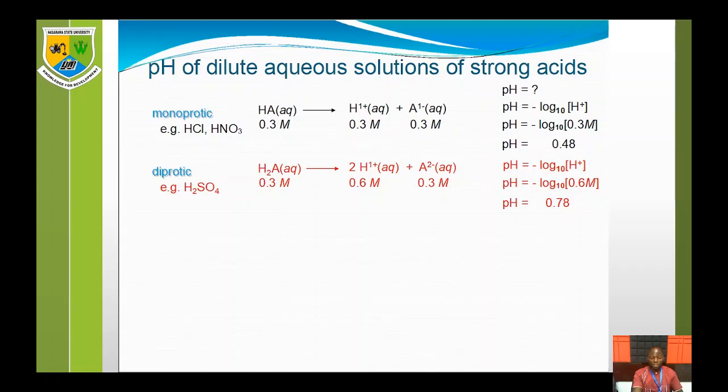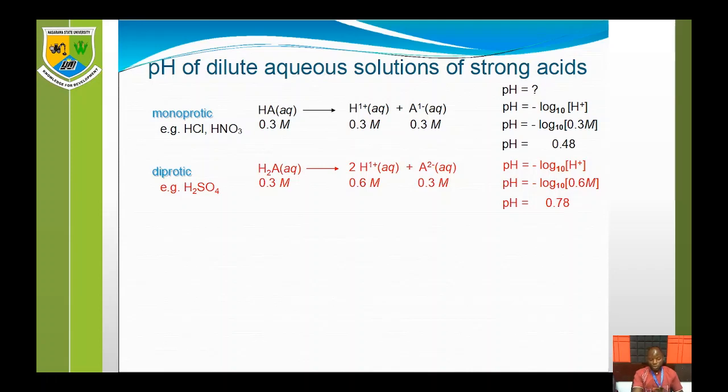If the molar concentration of the parent substance is 0.3, then the molar concentration for the H+ will be 0.6, because there is a 2 in front of the hydrogen, which means that 1 mole of the parent molecule produces 2 moles of the acid and 1 mole of the base.